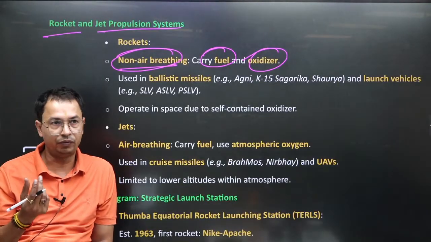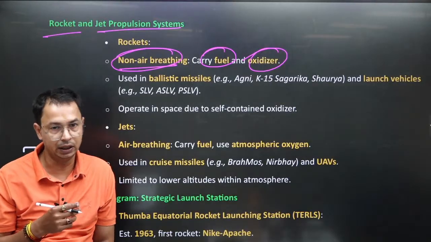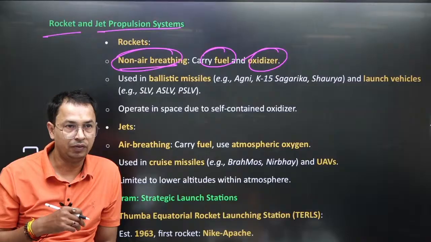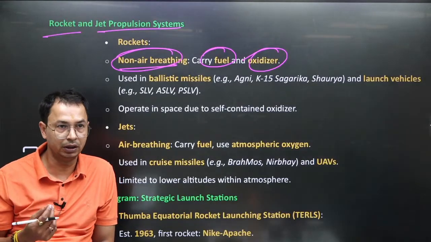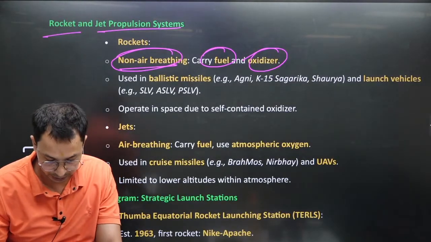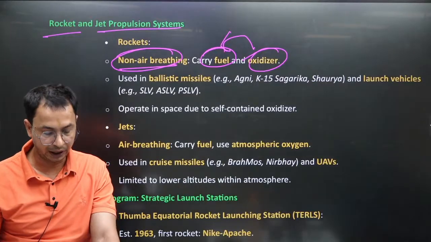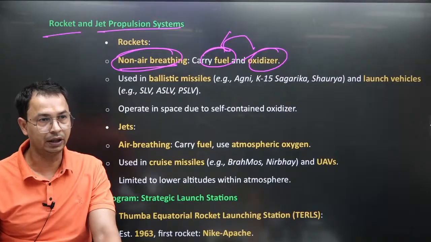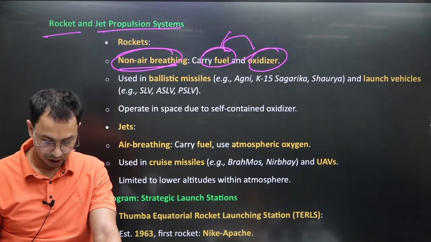For the fuel to ignite and combust, there cannot be any combustion without oxygen. So the rocket carries its own fuel, so that there can be combustion in outer space. That is why we call the rocket non-air breathing.